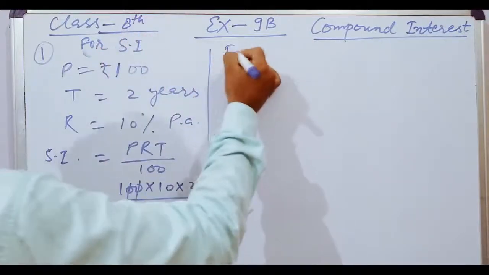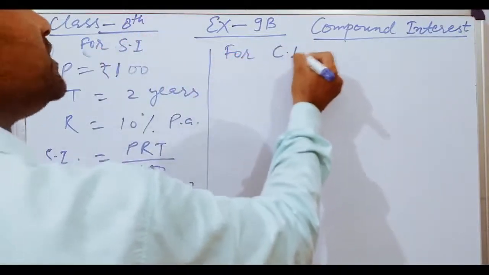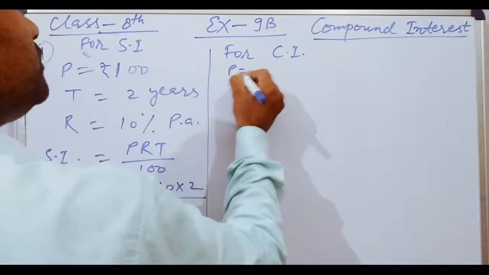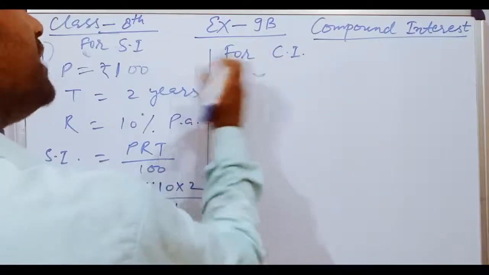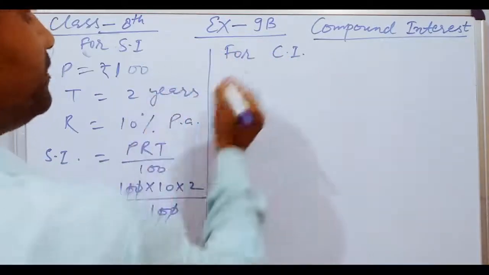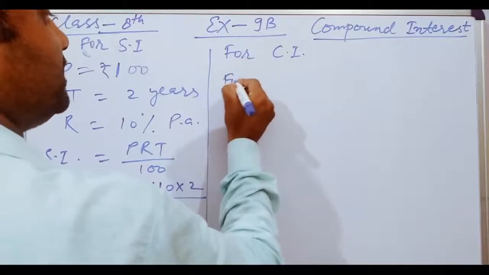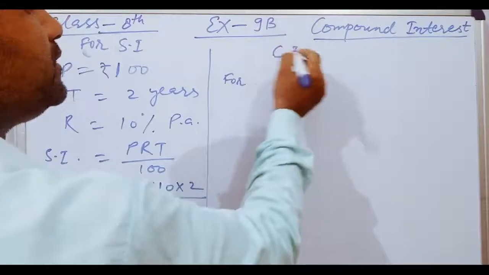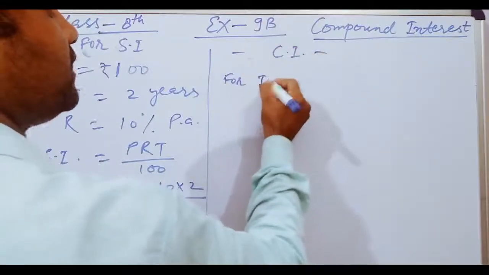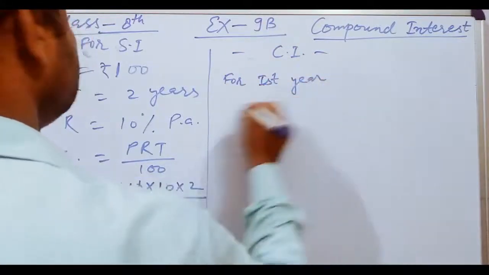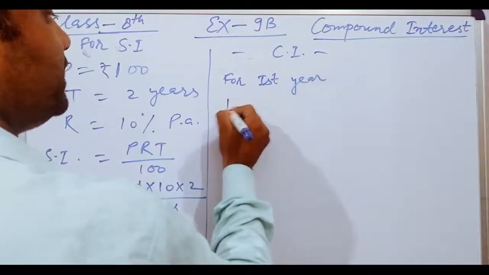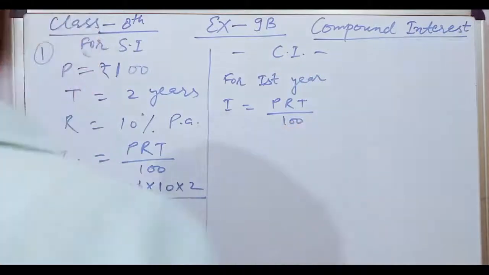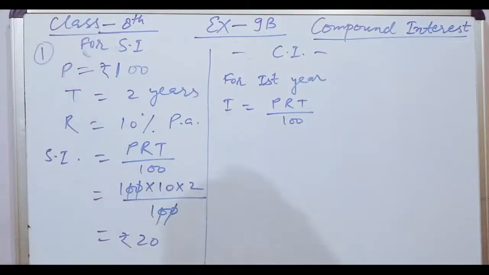Now for compound interest, CI, the principal is the same, rate is the same, time is the same. For the first year, interest equals PRT upon 100. In compound interest, we find 1 year's interest.